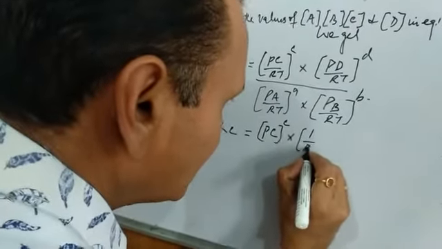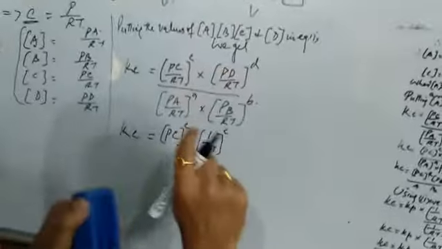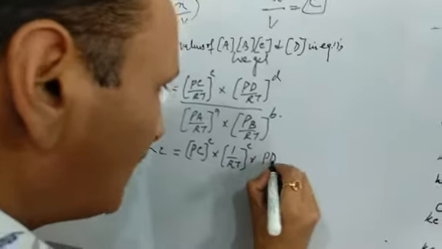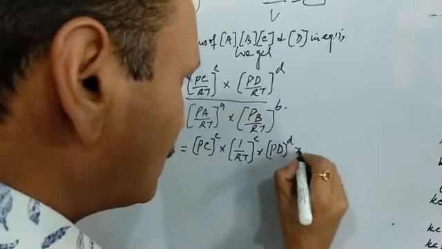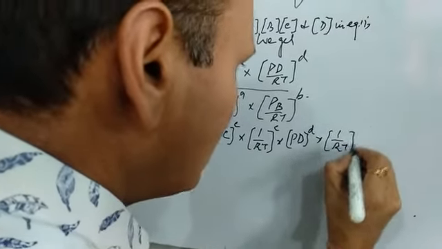We have bifurcated it into two terms, 1 by RT raised to power c. Similarly, PD raised to power d into 1 by RT raised to power d.